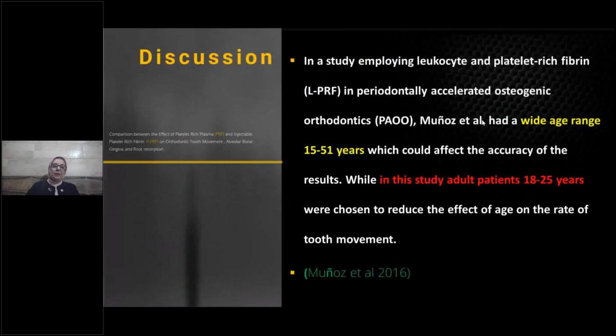In a study employing leukocyte and platelet-rich fibrin in periodontally accelerated osteogenic orthodontics, Munoz and his colleagues had a wide age range from 15 to 51 years, which could affect the accuracy of the results. While in this study, adult patients aged from 18 to 25 years were chosen to reduce the effect of age on the rate of tooth movement.